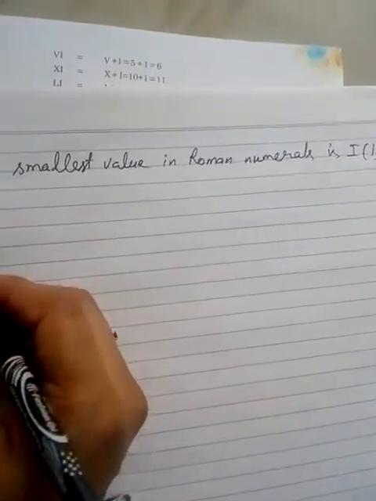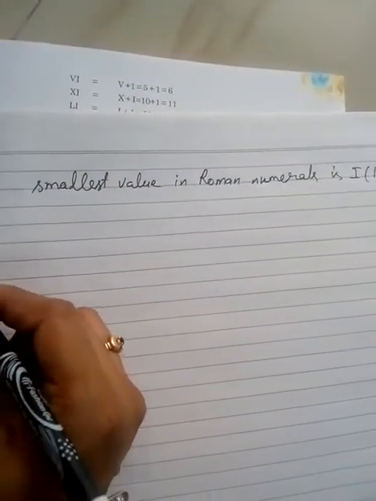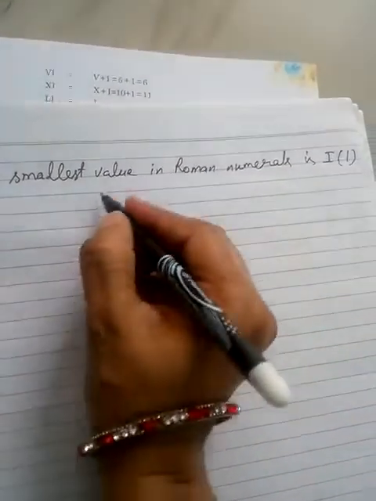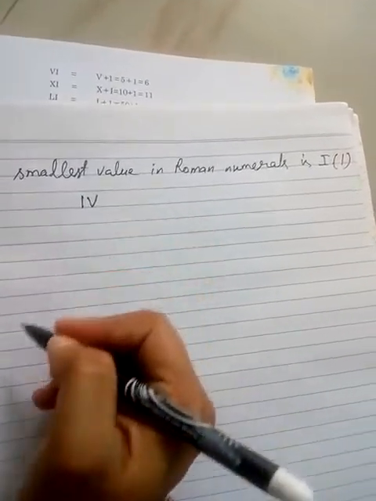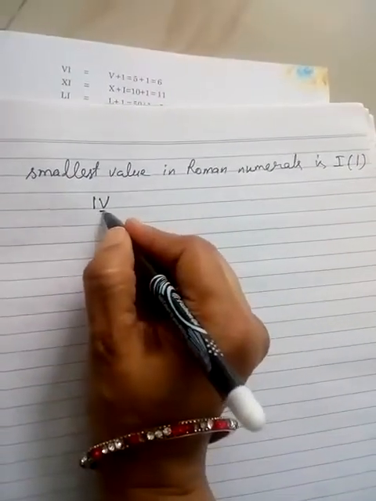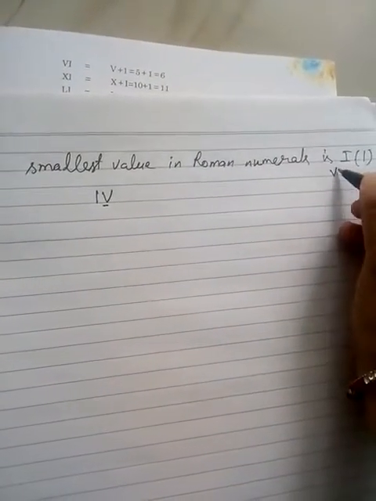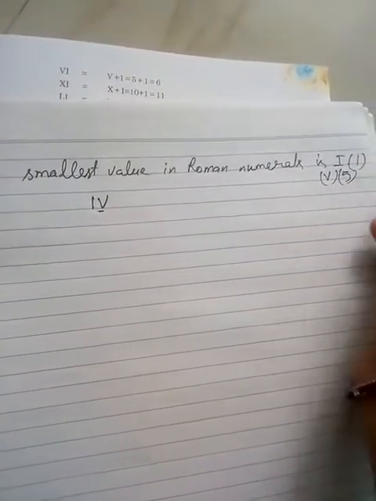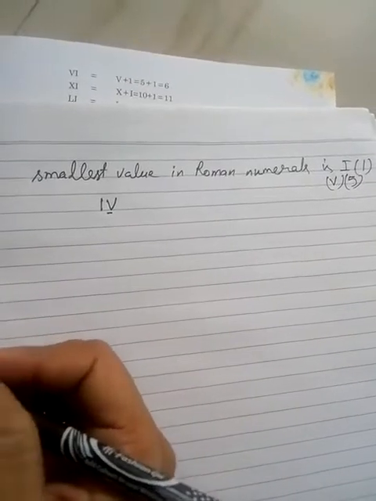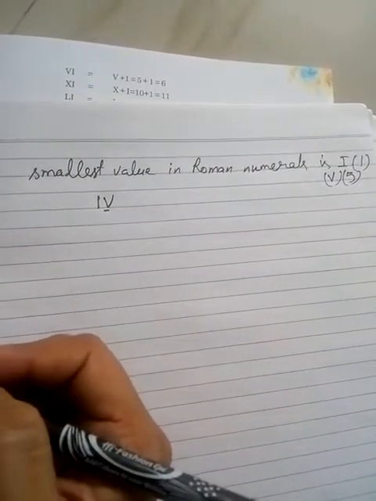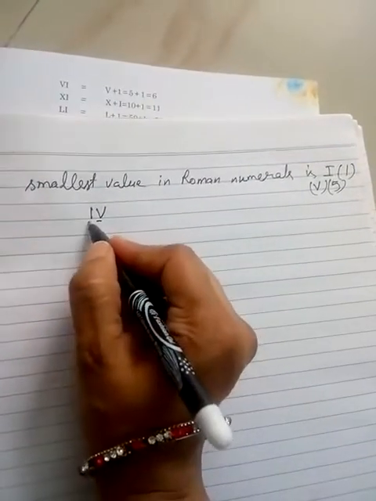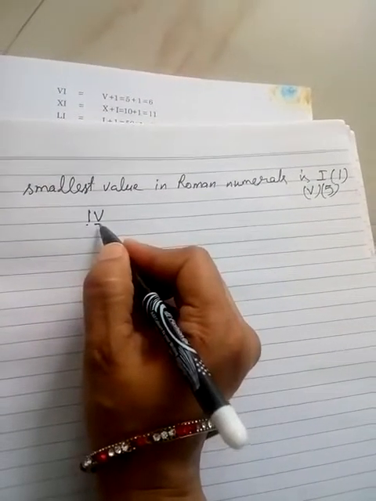Okay, the value of I is 1. So when a smaller value is written before the greater value, V stands for 5, right? If any value is written before a greater value, it means the subtraction.